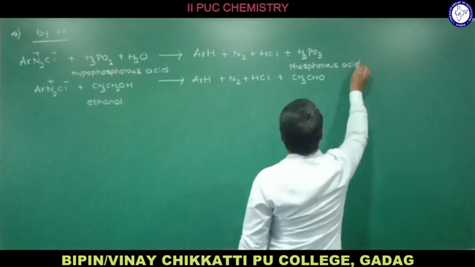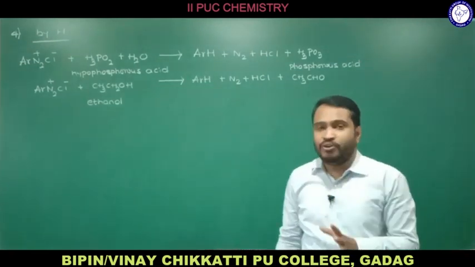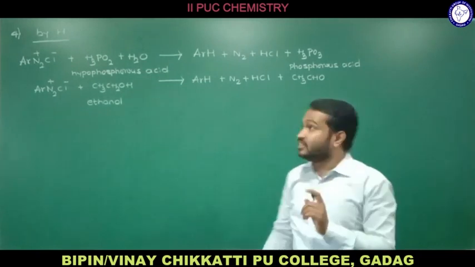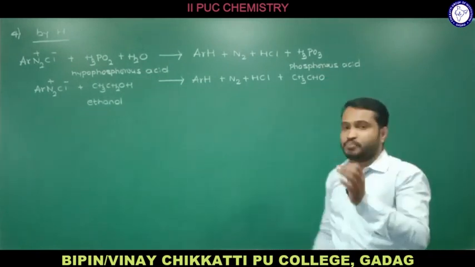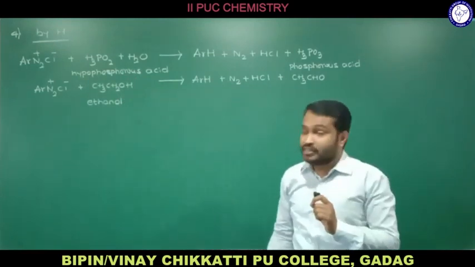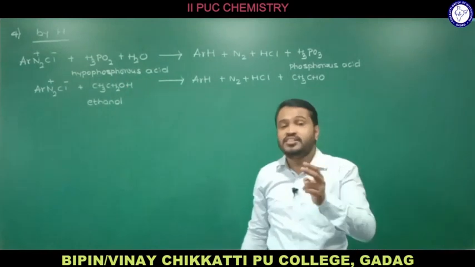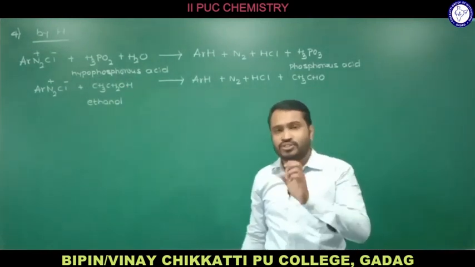H3PO2 is hypophosphorus acid and H3PO3 is phosphorus acid. These are oxo acids of phosphorus: H3PO4 phosphoric acid, H3PO3 phosphorus acid, H3PO2 hypophosphorus acid. Since these two act as reducing agents, they should undergo oxidation.